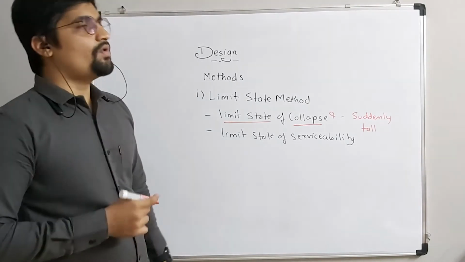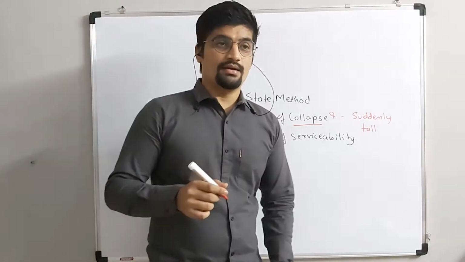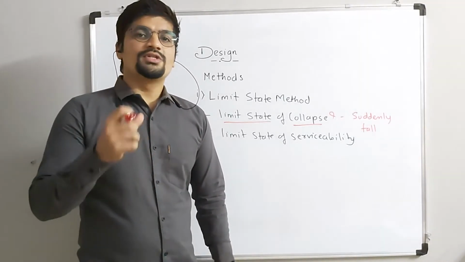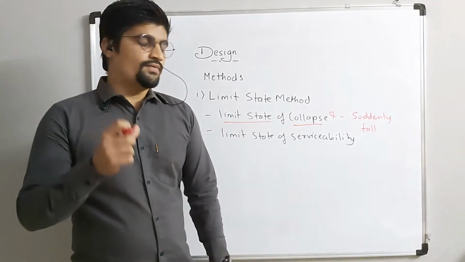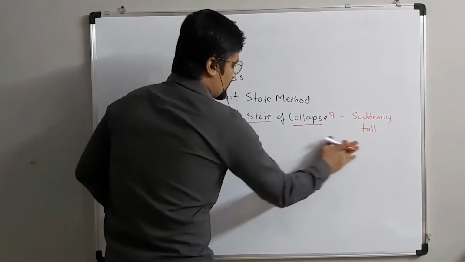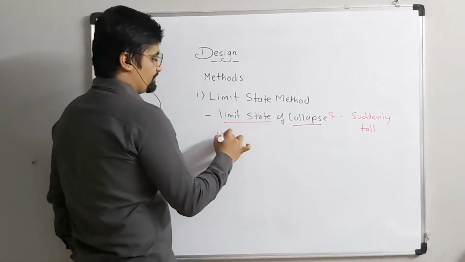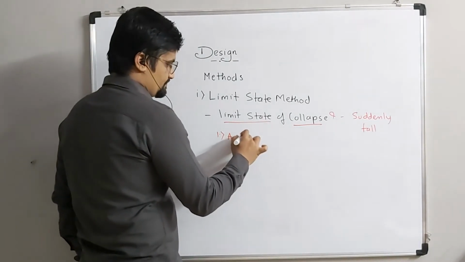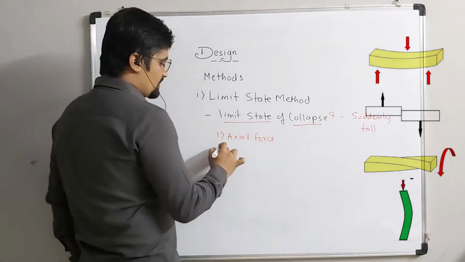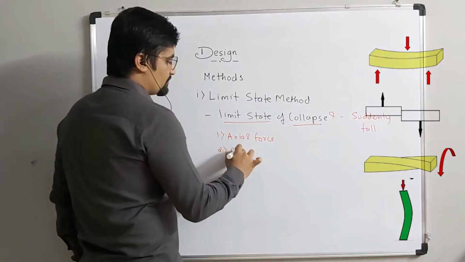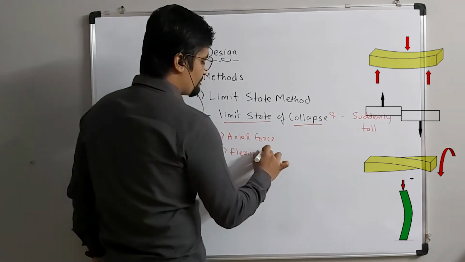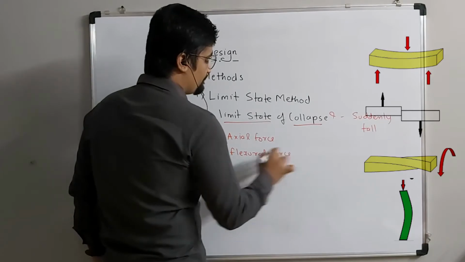So, remembering all the forces occurring on the structural element that make my structure fall, the forces in the collapse are like: first one is the axial force, which occurs on the column. Then the flexural force, which occurs on the beam.